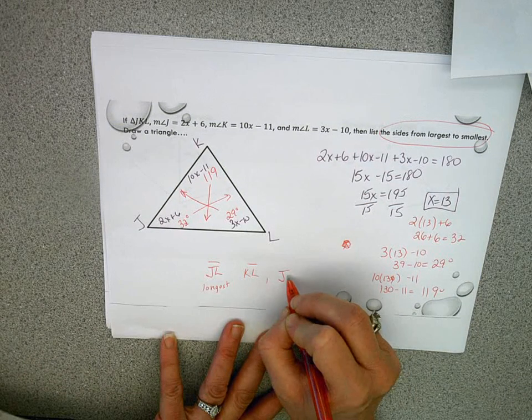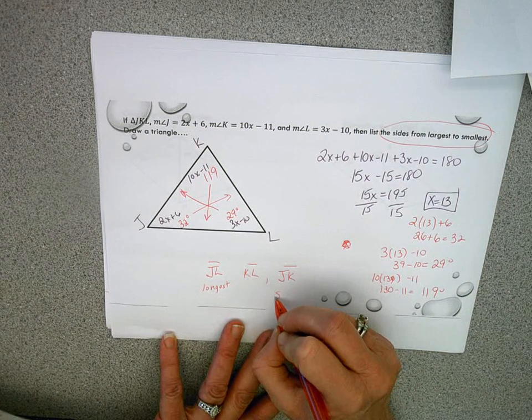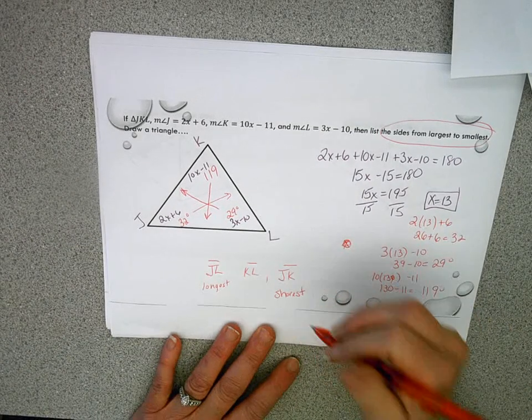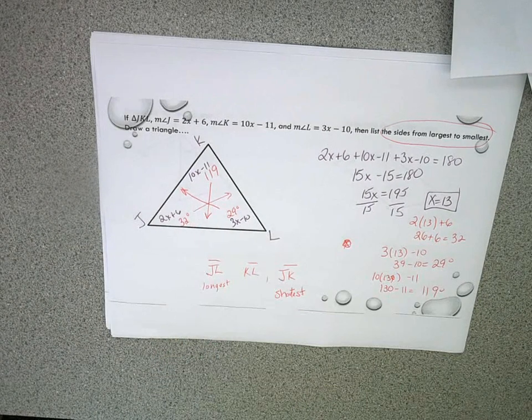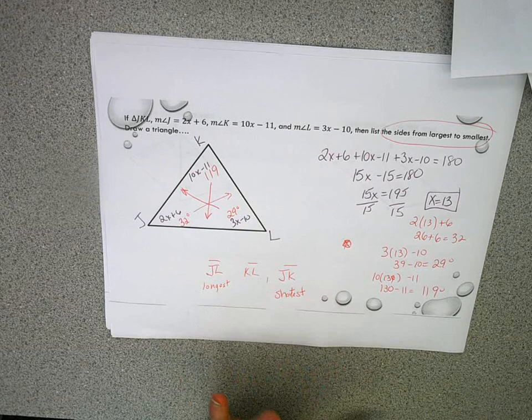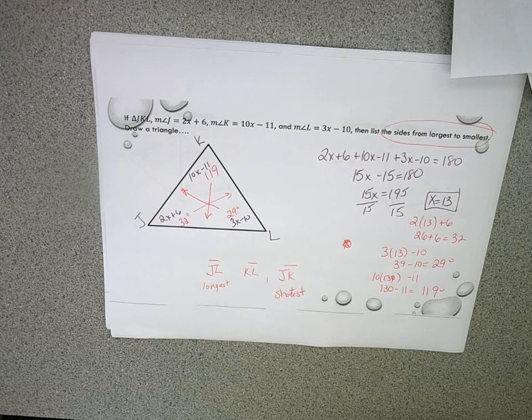So JK would be the shortest. We're going to use this when we start doing trig. It helps you double check your answers. You should have a pretty good idea that the largest angle has to be across from the largest side.